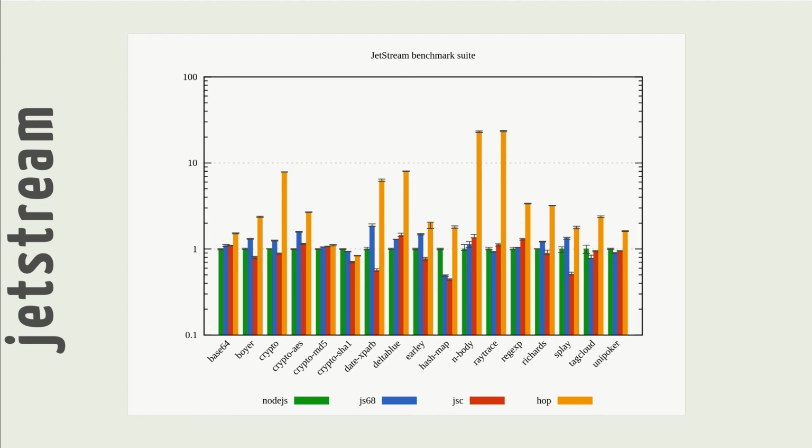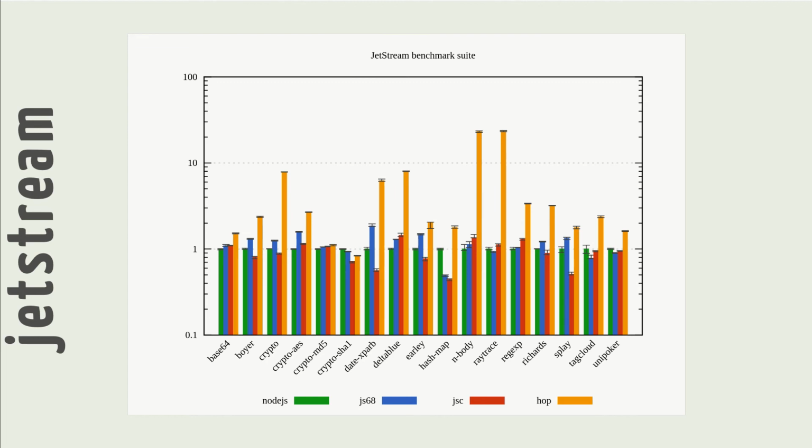Hop.js also performs poorly on DatesPar, but this test uses eval, a feature hop.js does not optimize at all. The benchmark DeltaBlue also exhibits a pathological performance problem. For the other tests, hop.js is between 1.5 times and 3 times slower than the competition.